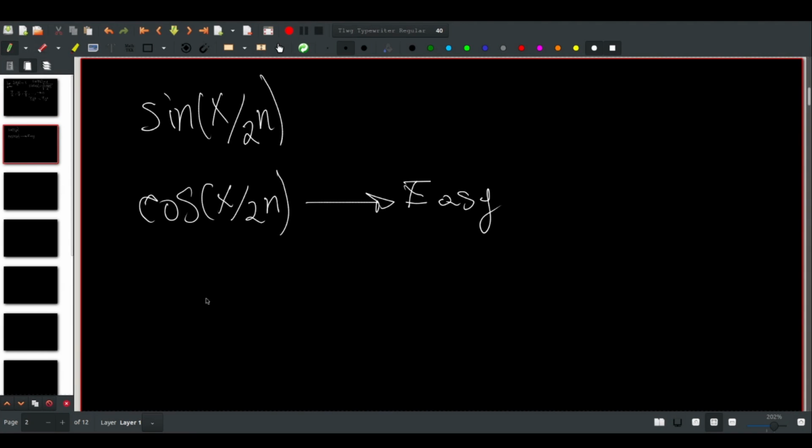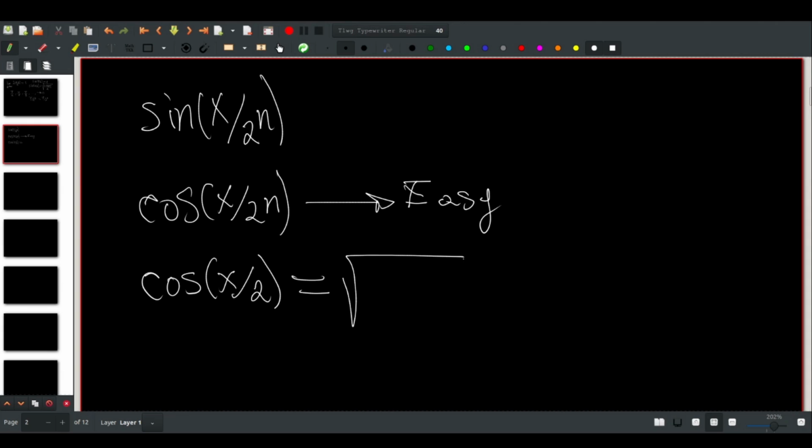So for the cosine, it's more straightforward, because the formula is as follows. Cosine of x half is equal to the square root of 1 plus the cosine of x, over 2. Right.